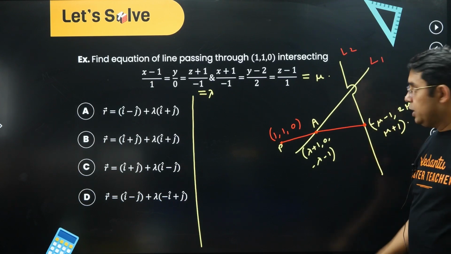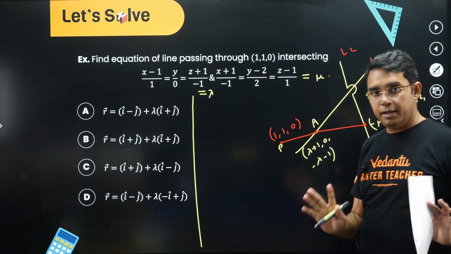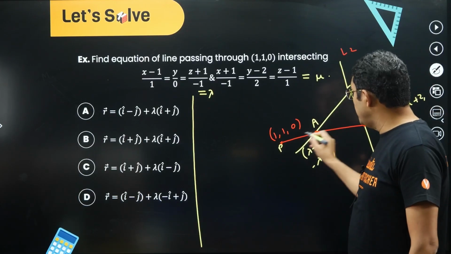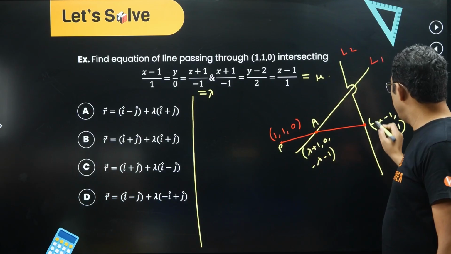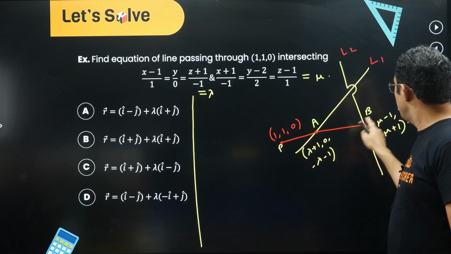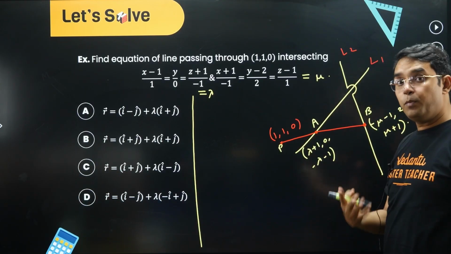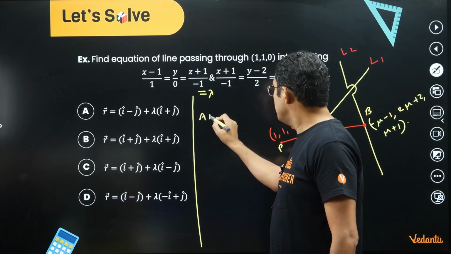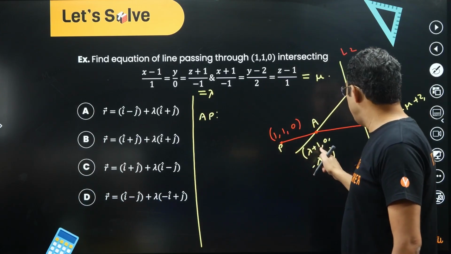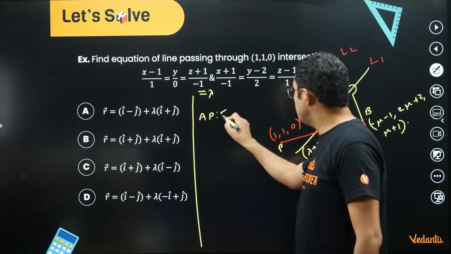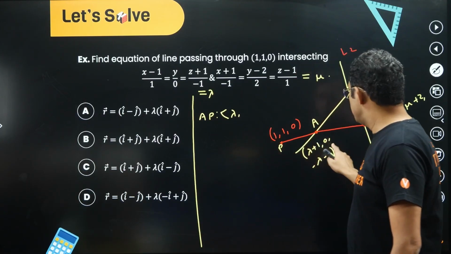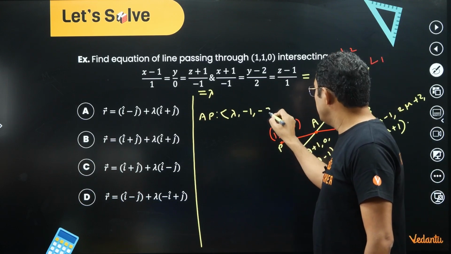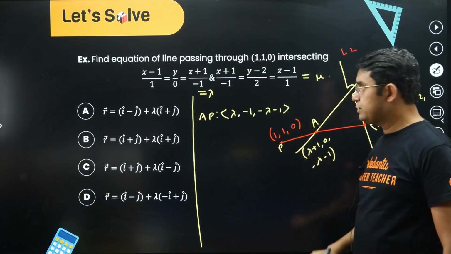Now dear students, these 3 points should be in a line, and if they are in a line, then the direction ratios of the line joining A to P and of the line joining B to P should be proportional. So if I write for AP, it will be lambda plus 1 minus 1, so lambda only, 0 minus 1, so minus 1, and minus lambda minus 1 minus 0, so minus lambda minus 1.